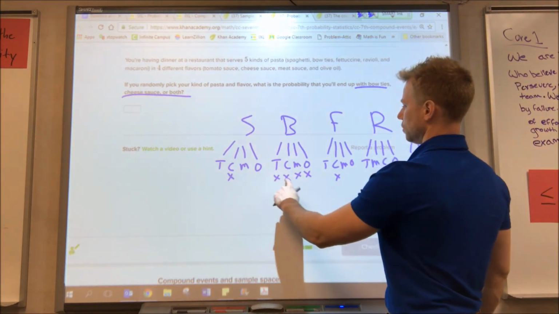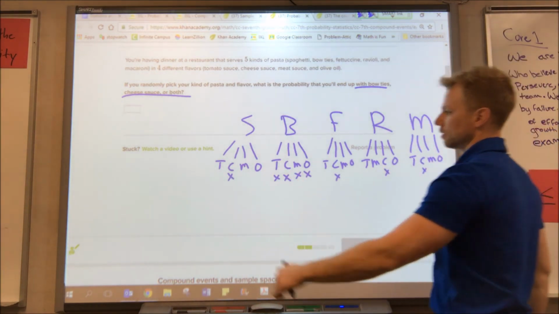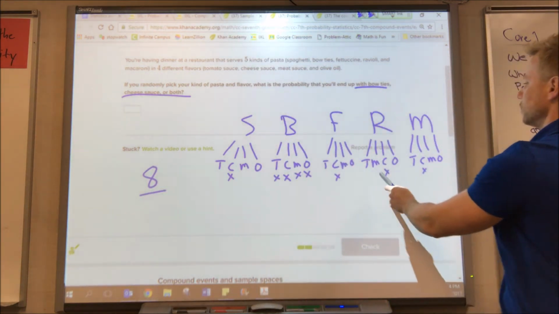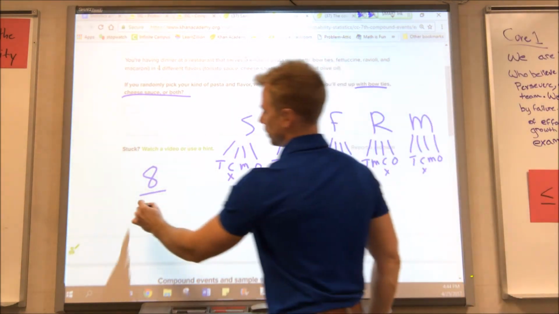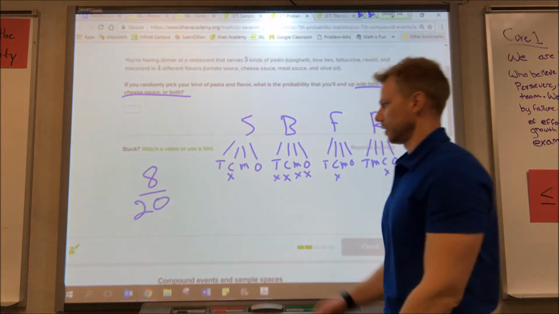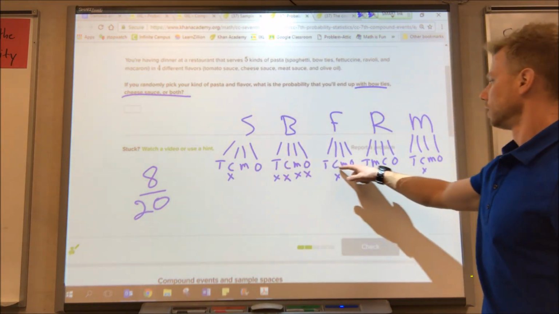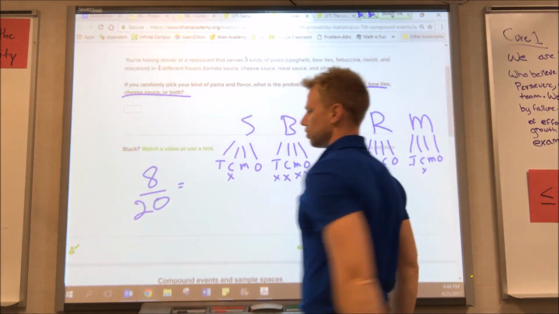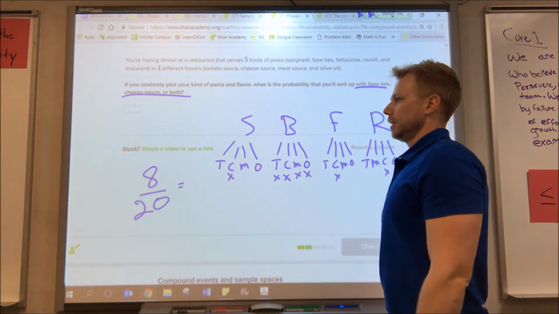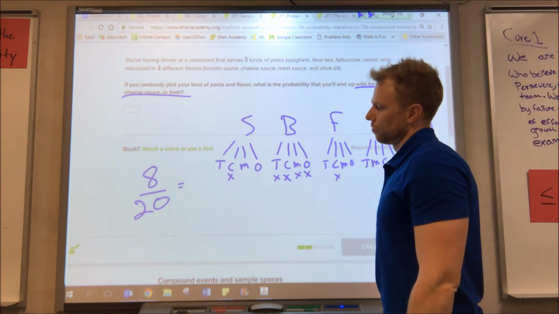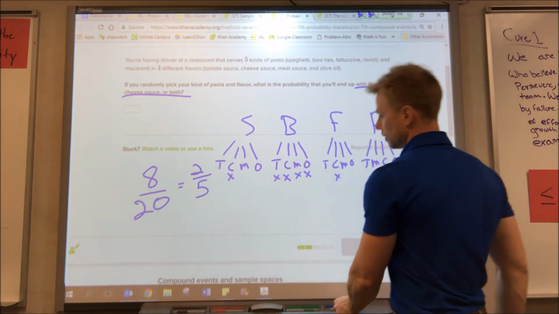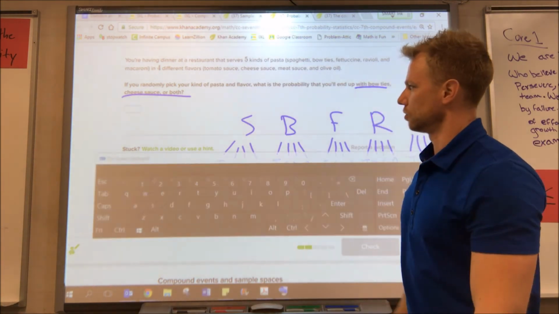So that makes 1, 2, 3, 4, 5, 6, 7, 8. 8 that we want out of 4, 8, 12, 16, 20. 20 total choices. Again, I'm just counting the bottom row to figure out my total choices. Reduce that fraction, what goes into 20 and 8. Let's see, 4 goes into both of those, so that becomes 2/5. So our probability is just 2/5.